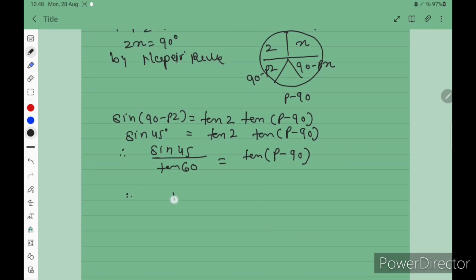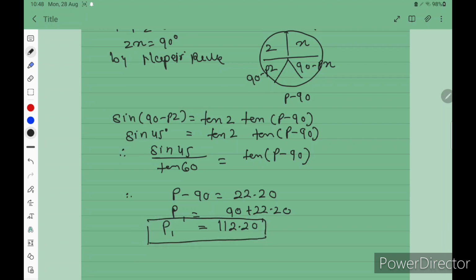Therefore tan inverse, so P minus 90 is equal to 22.20. So P1 is 90 going that side, so 90 plus 22.20 is equal to 112.20. So this first P1 we get.